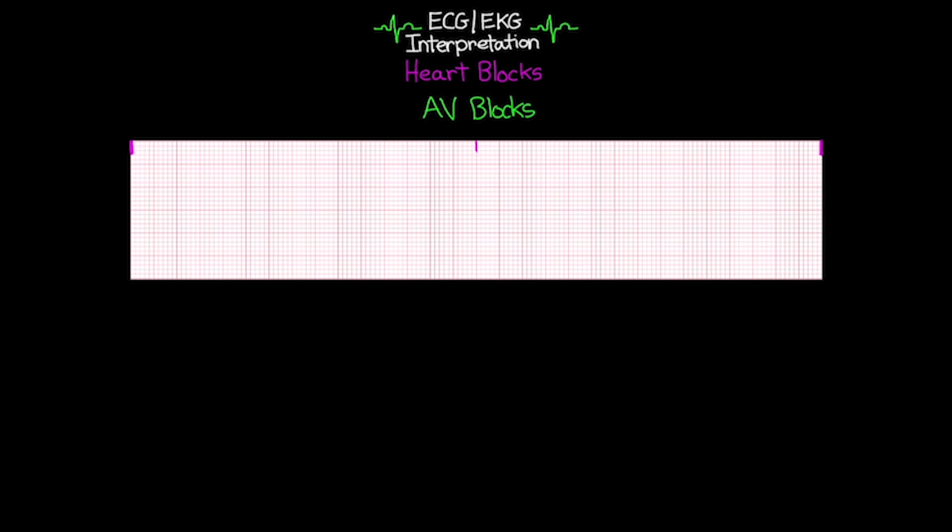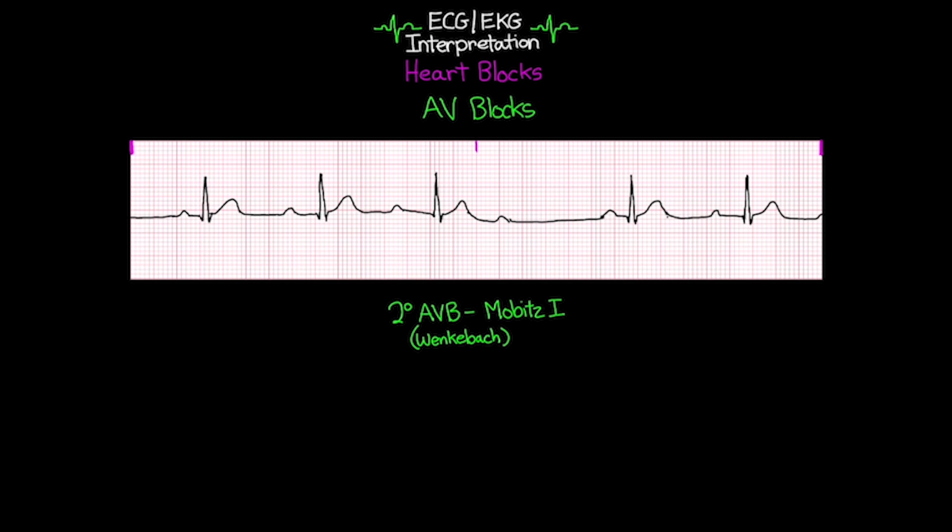All right, so let's go ahead and move on to the next of these AV blocks. This is going to be our second-degree heart block, specifically the Mobitz type 1, or what you'll hear commonly referred to as a Wenckebach. What's happening with a Wenckebach is you've got this cyclical and progressive conduction delay through the AV junction.